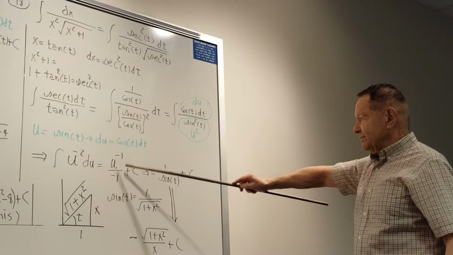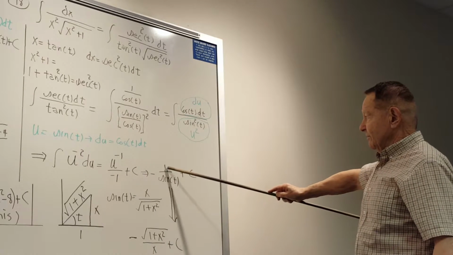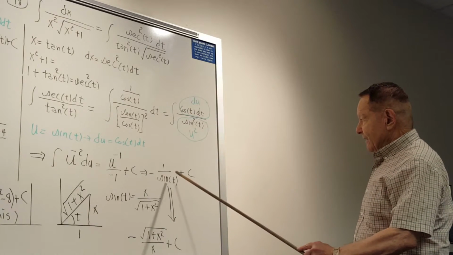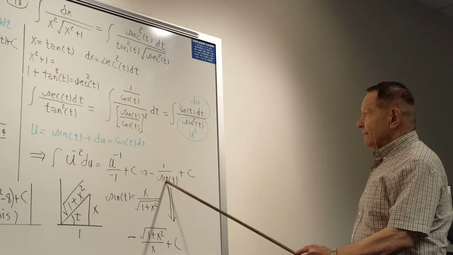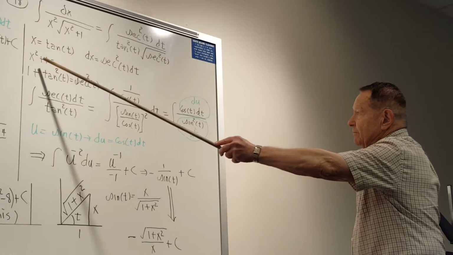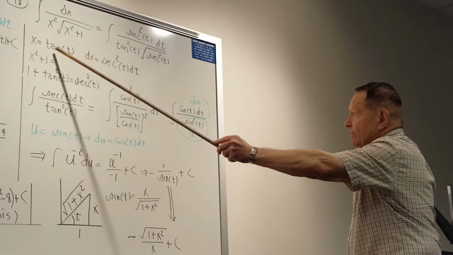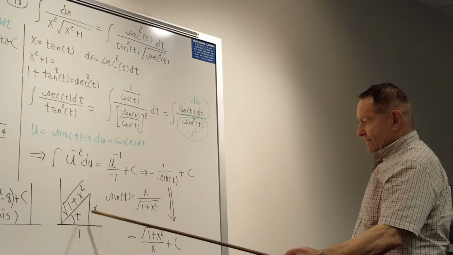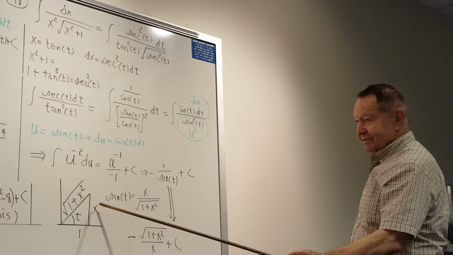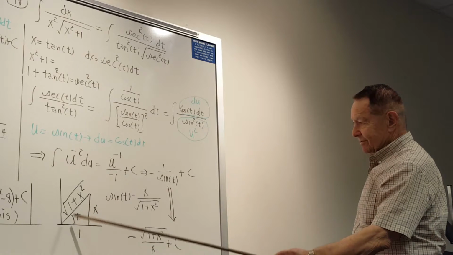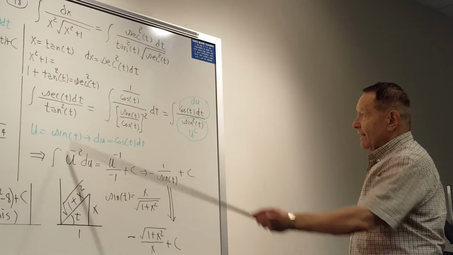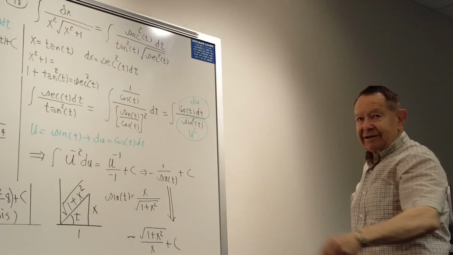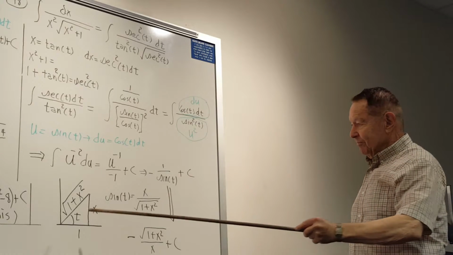So you have minus 1 over u, so minus 1 over what you call u, which is sine. And now to connect to x, remember that you said that tangent t was x over 1. So here's t, and tangent is opposite over adjacent. Here's your third side, which of course is always the radical that was in the original problem.